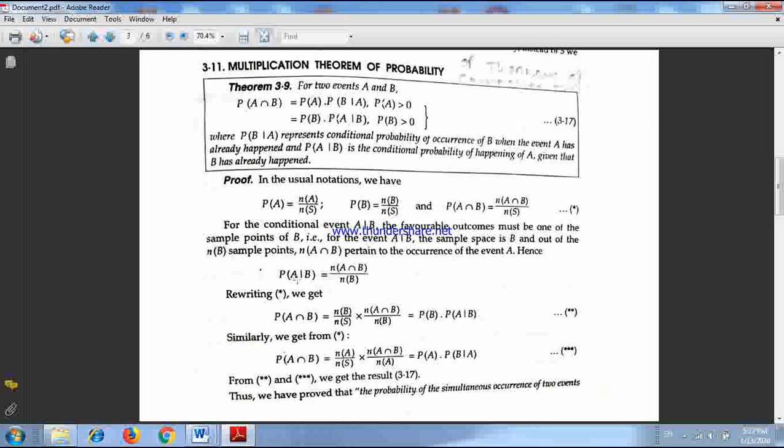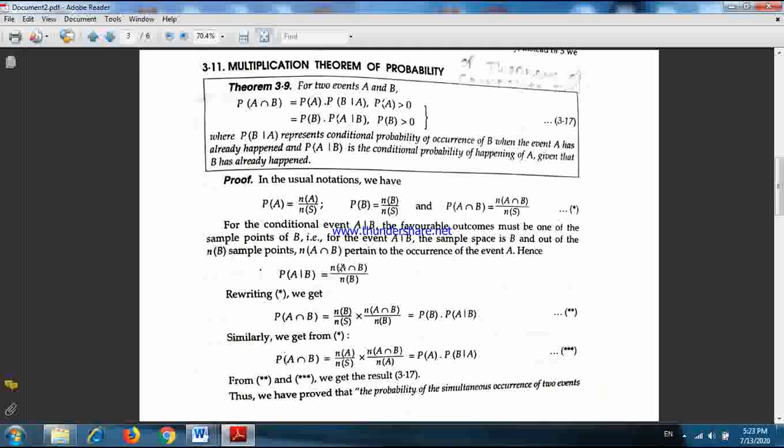So P(A given B) equals number of elements in A intersection B divided by number of elements in B.